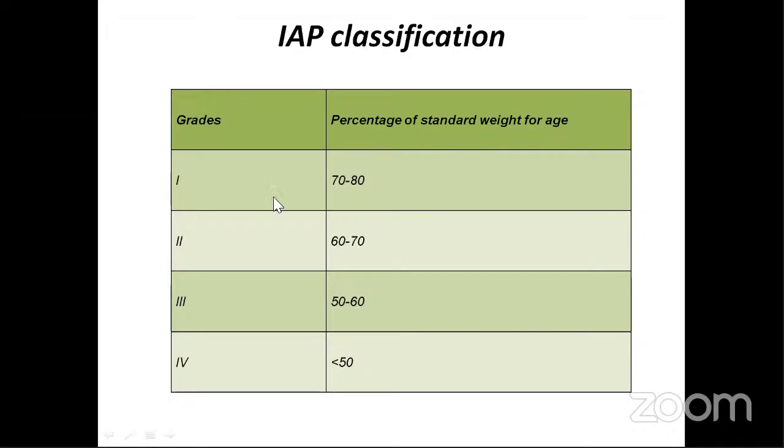Percentage of standard weight for age: grade 1, grade 2, grade 3, grade 4, 4 grades are there. You should calculate accordingly, and then you can write it in the exam. This is how you find out which grade of malnutrition the child is falling in, so you can include it in the diagnosis. So this child falls under grade 1 of malnutrition according to that IAP classification.